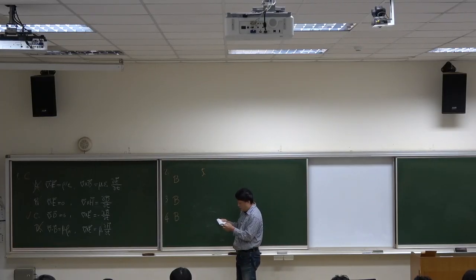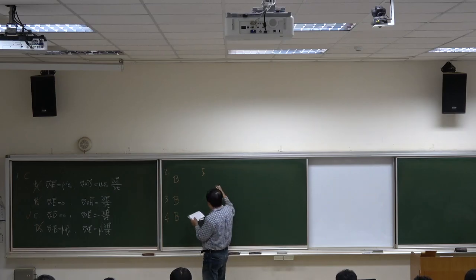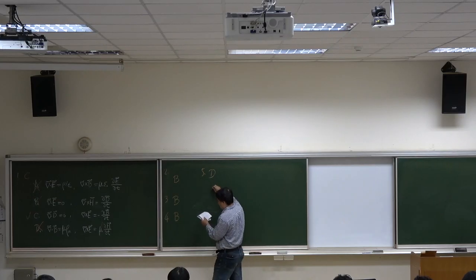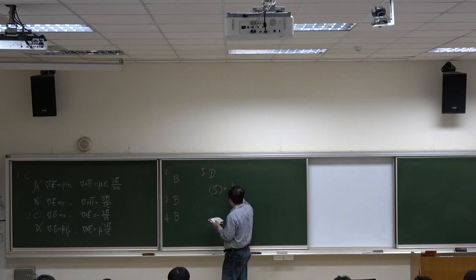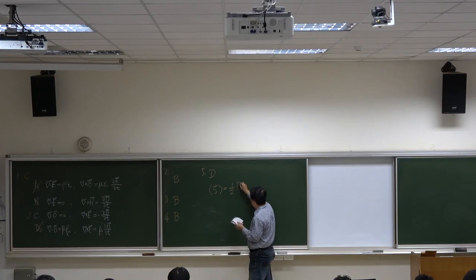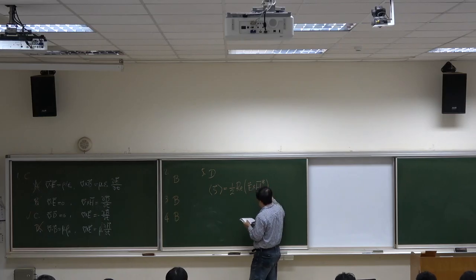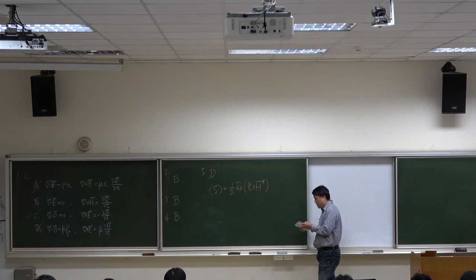What is the correct expression for the time average Poynting vector? The correct result is D, real part E cross H star. We have learned this result in chapter 1.